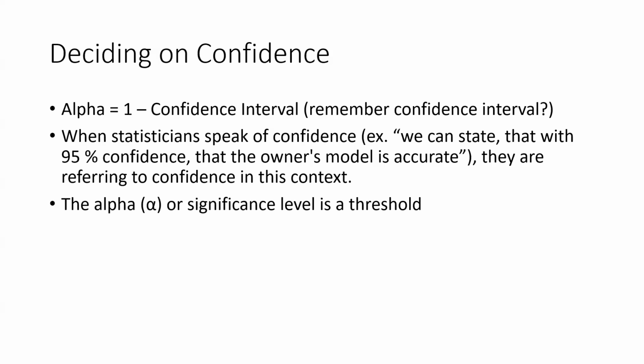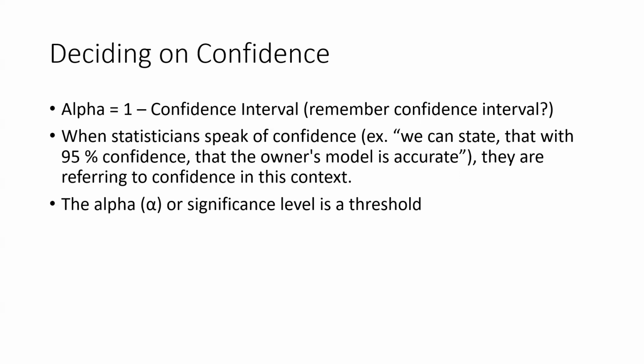So to do that, we have to determine the alpha value. Now, typically the alpha value which is most commonly utilized throughout the field is typically 0.05. And alpha, the way it's determined is it's 1 minus the confidence interval.